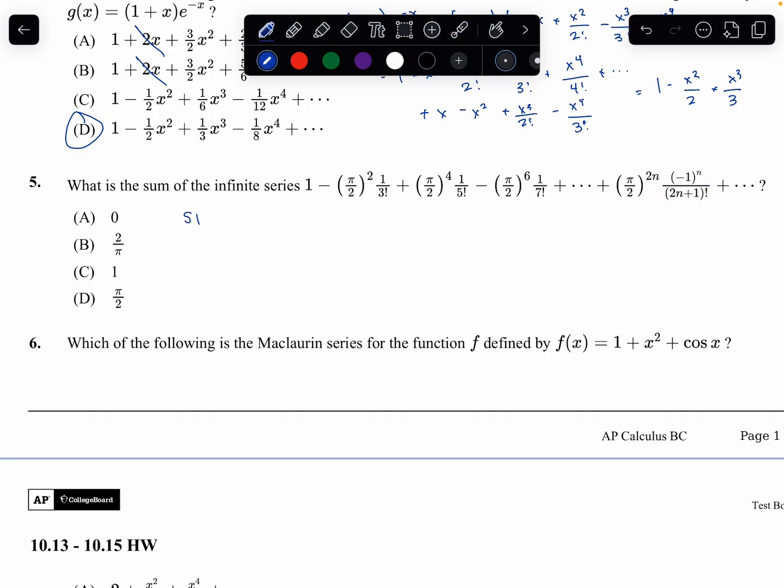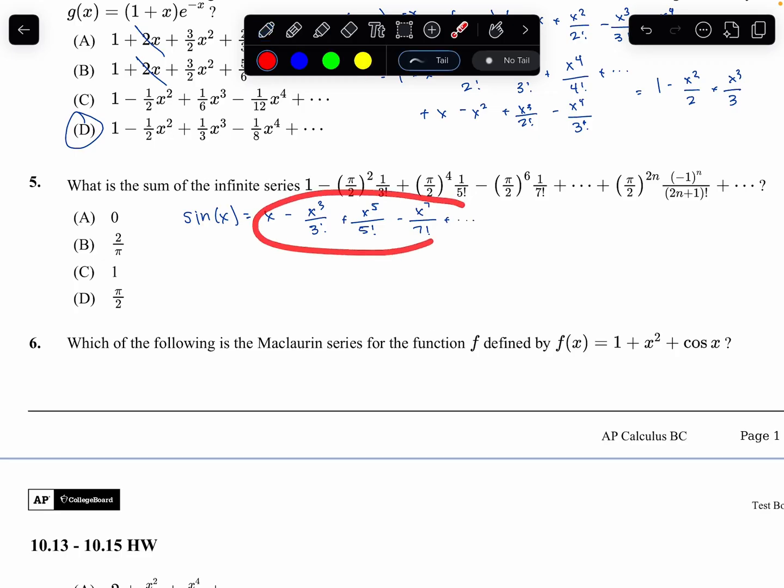So sine of x is equal to x plus x to the third over 3 factorial. Oh, no, not plus. It's going to be minus. And then plus x to the 5th over 5 factorial minus x to the 7th over 7 factorial plus ... Now, there obviously are some big changes here.